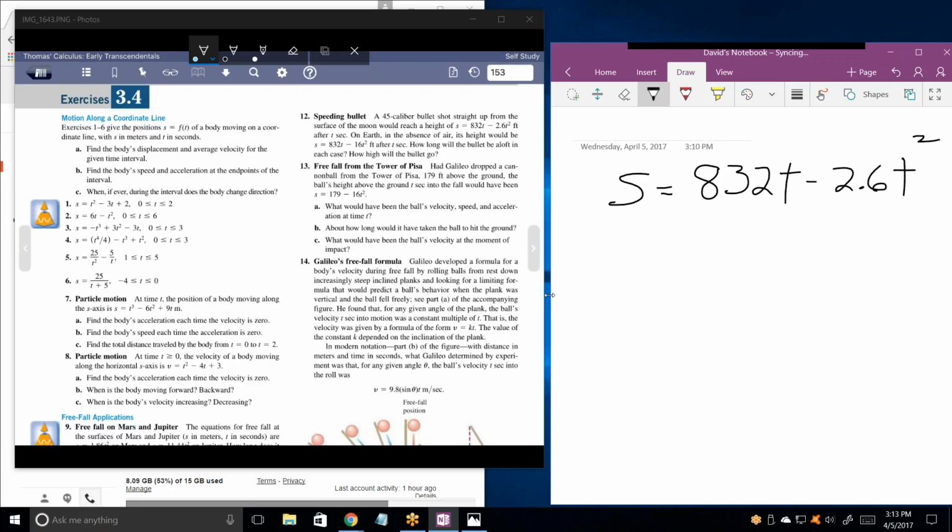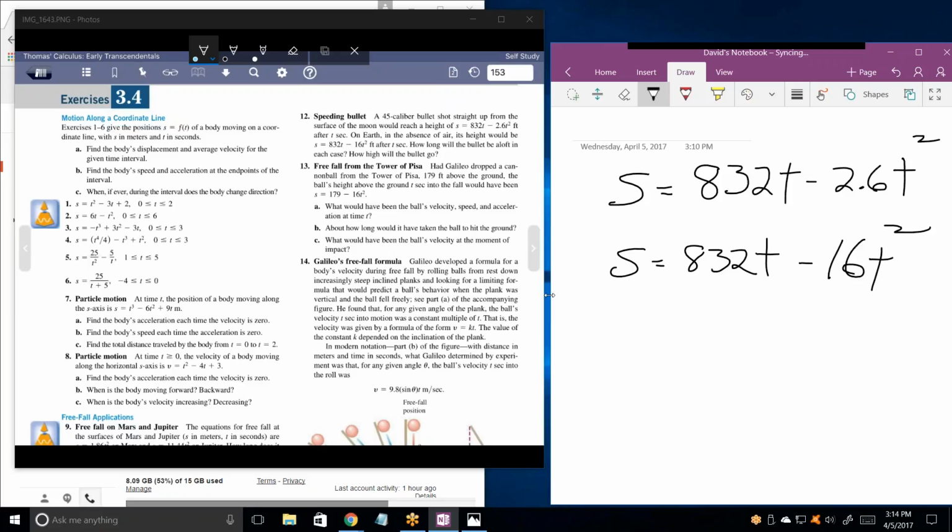All right. Now, on Earth, they tell you that this is its height function. And the difference is that Earth's heavier than the moon, bigger, so it's got greater acceleration.